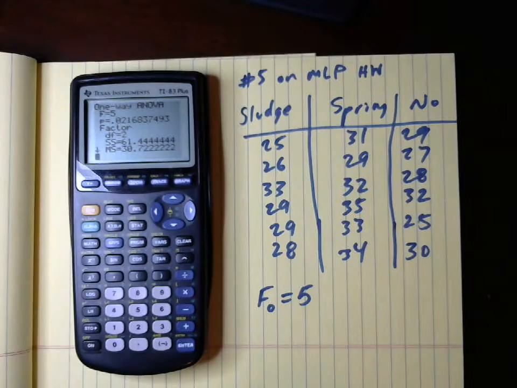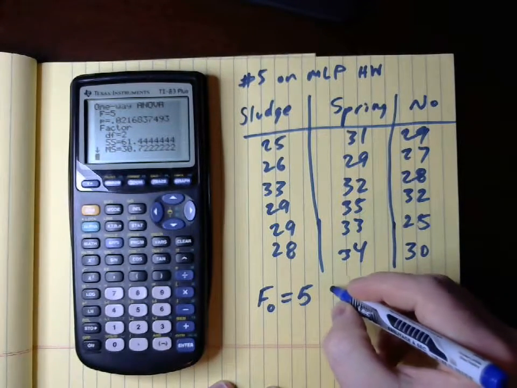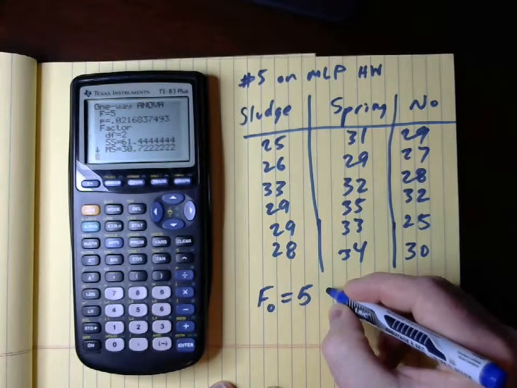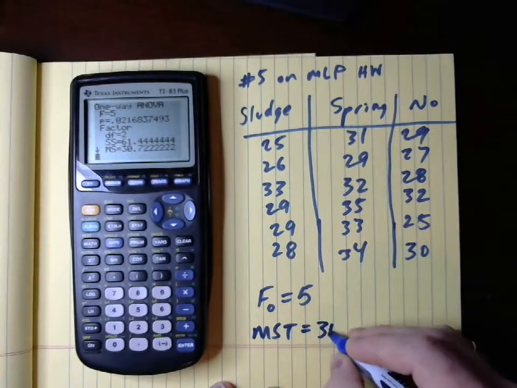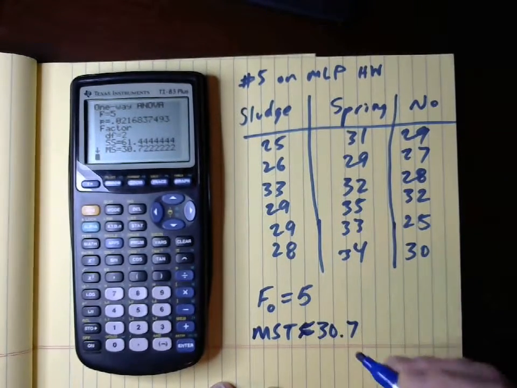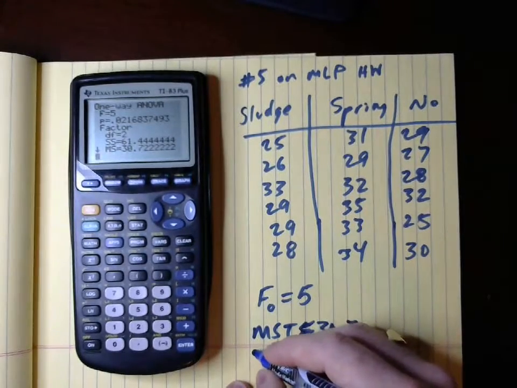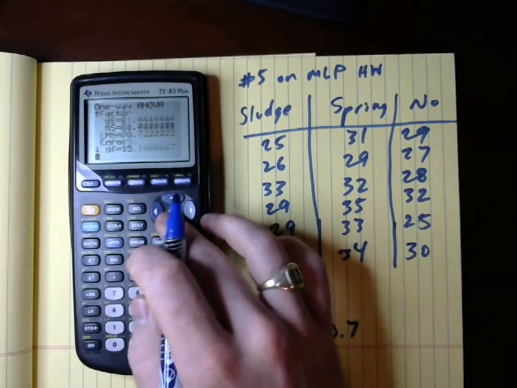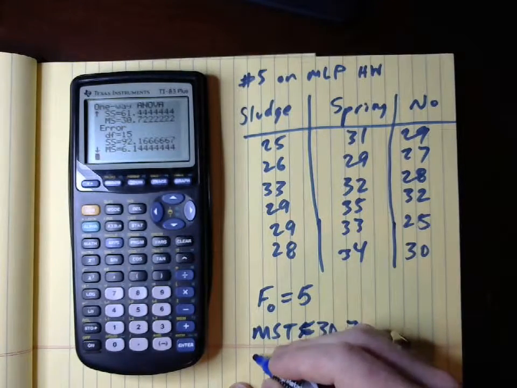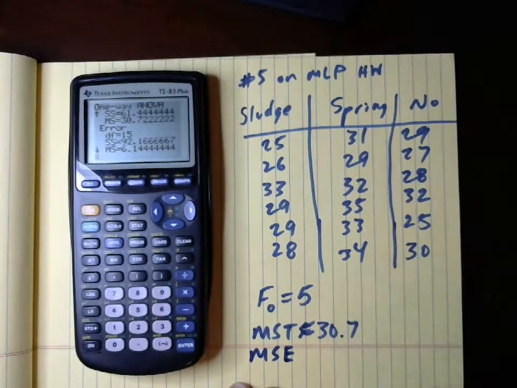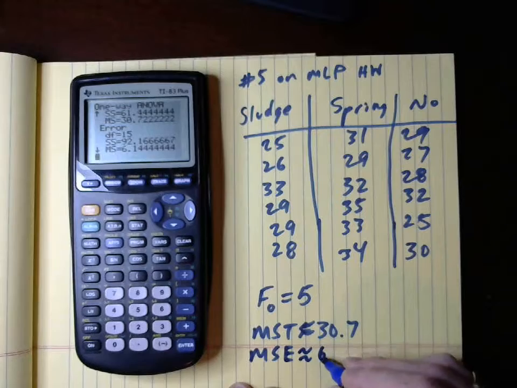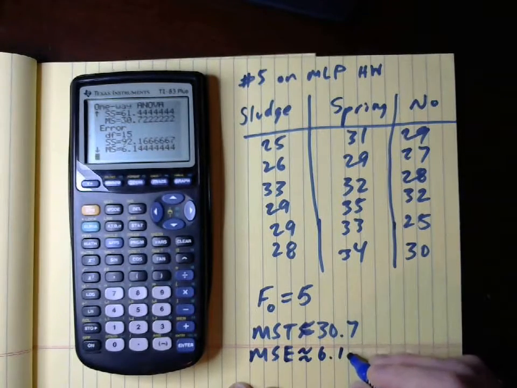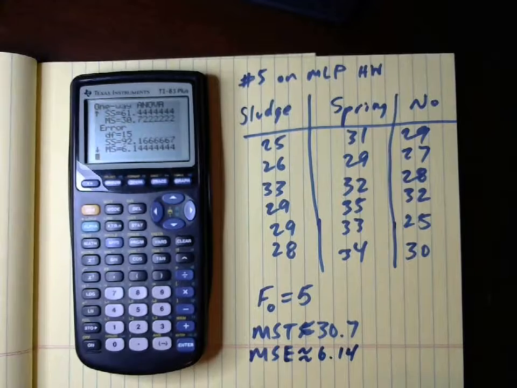So our MST is equal to approximately 30.7. And then we have the MSE, the mean square due to error. MSE is equivalent to approximately 6.14.